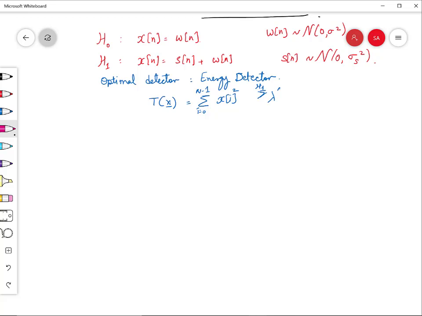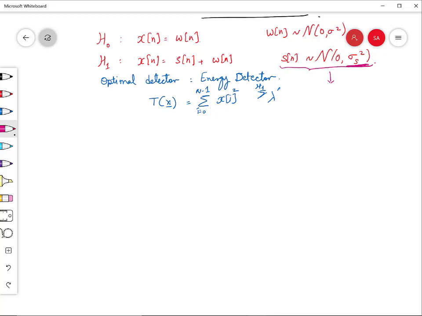In this lecture we are going to move a little further and see what happens if this signal, rather than having independent samples, has correlated samples.